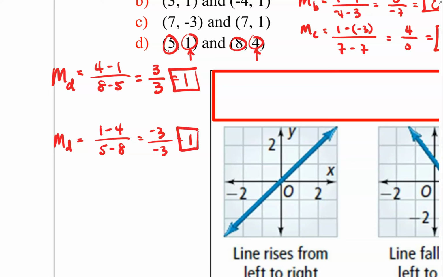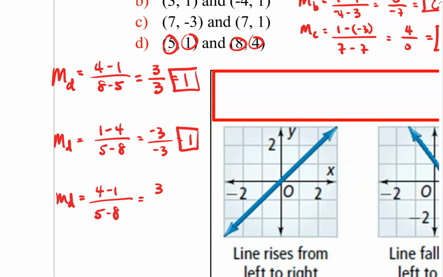So the order doesn't matter as long as you're consistent in both directions. Where we might run into a problem is if we go out of order for one group, but in a different order for the others. So if my y's got subtracted, let's go back to the original, 4 minus 1, in that order, but then I subtracted my x values, 5 minus 8.